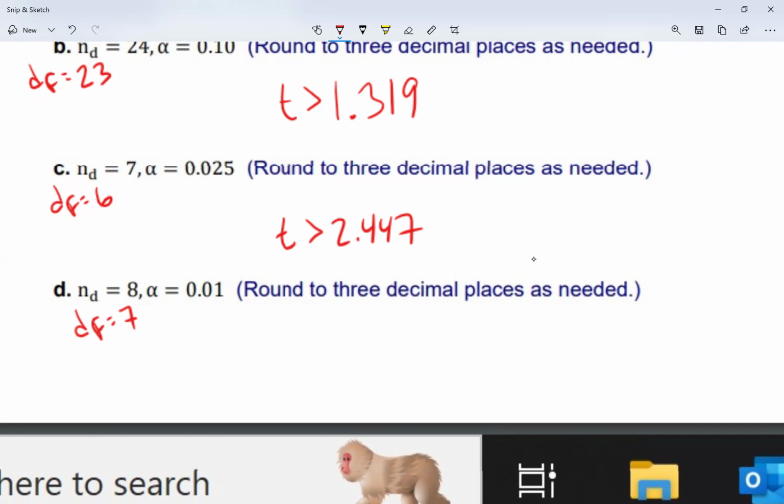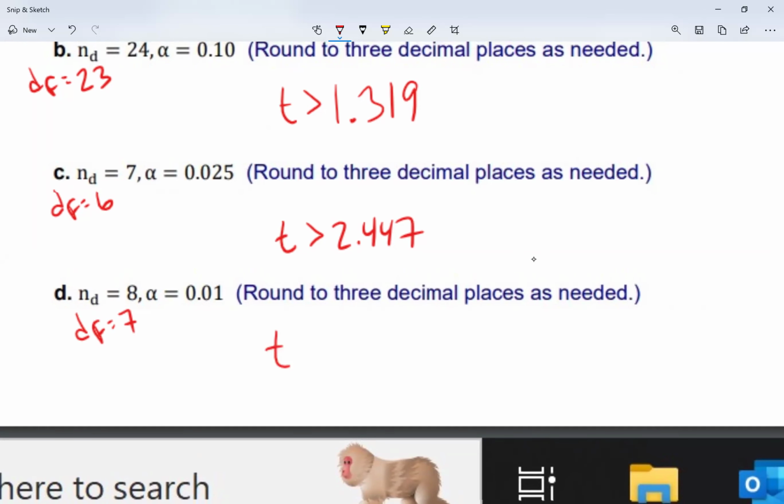If you use the table up there, you should see the number 2.998. Okay, so my T is greater than 2.998. We're finding the region of rejection.